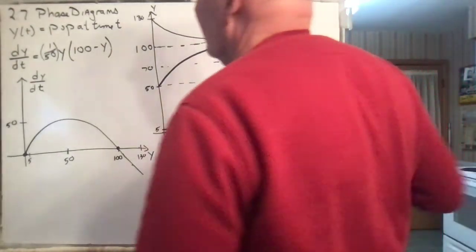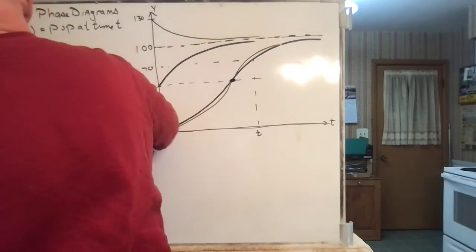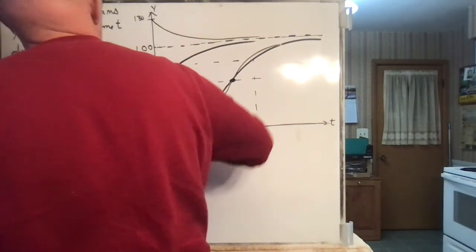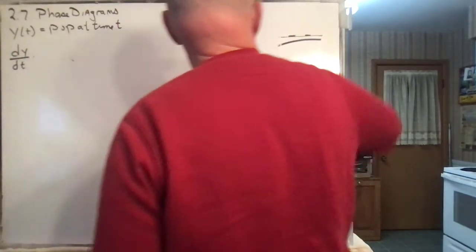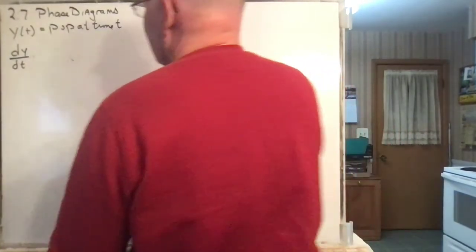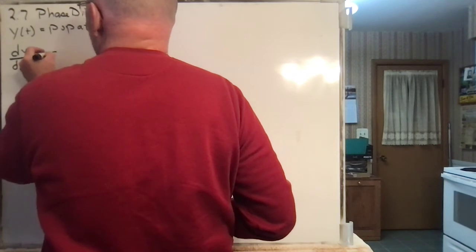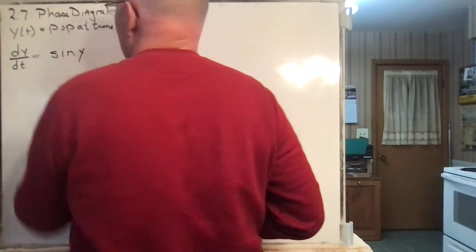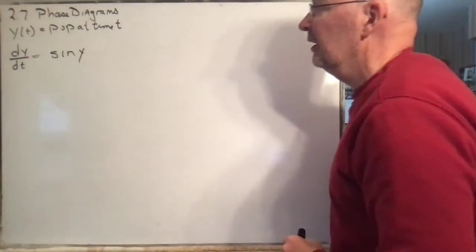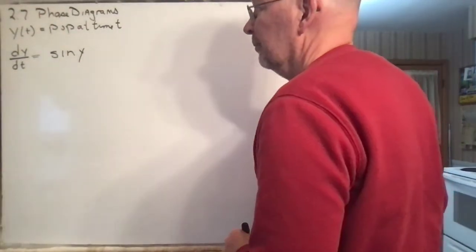The first one, I just say, suppose you have this differential equation: dy/dt is equal to sine of y. Or I could say y prime is equal to sine of y.